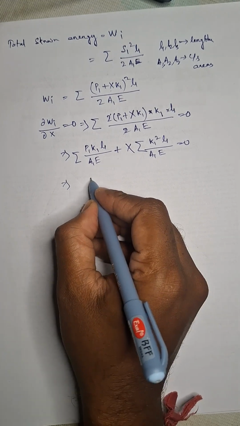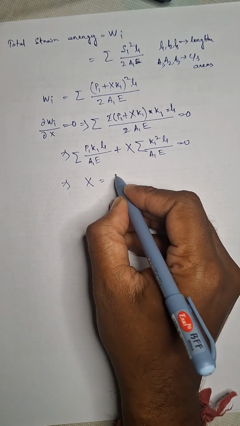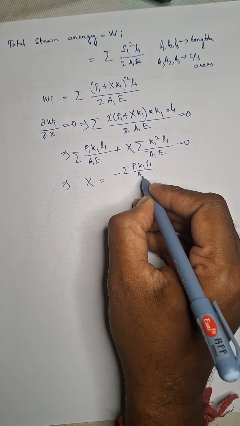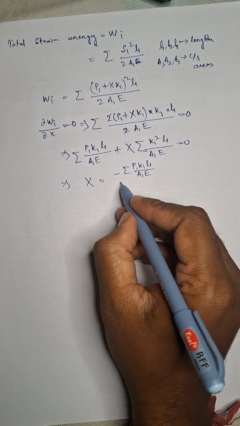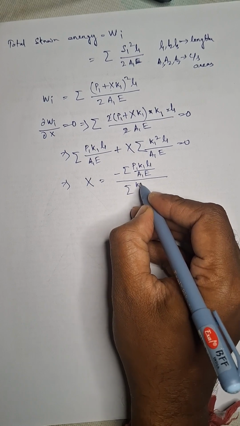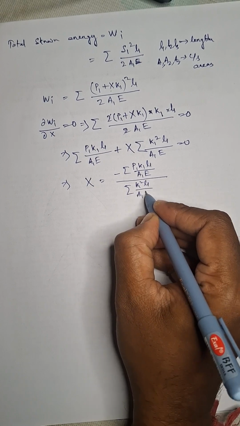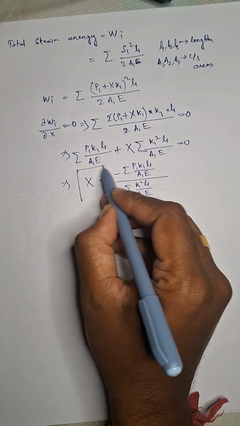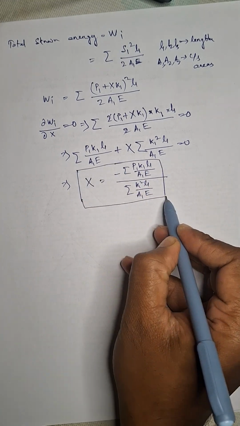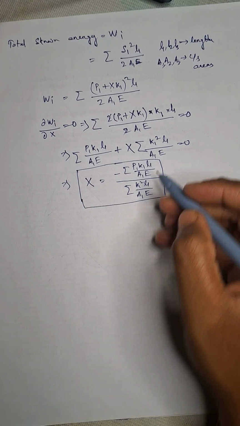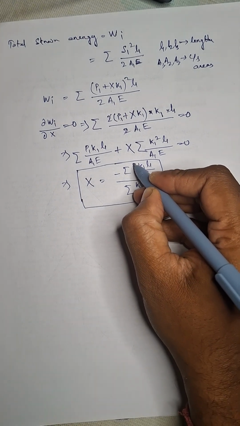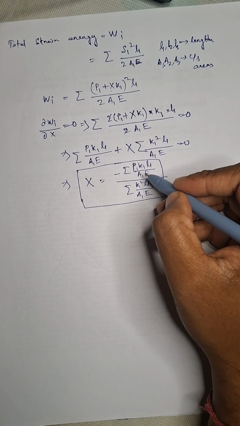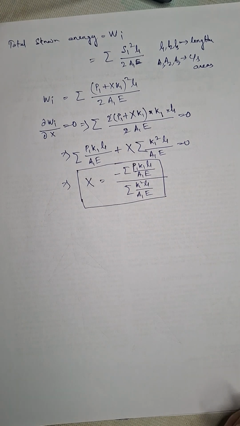So if I find out X from this, we'll get minus summation of P1 K1 L1 divided by A1 E, whole divided by summation of K1 square L1 divided by A1 E. By applying this, we can find out the value of the redundant member force. Here we only need P1, which is the member force after removing the redundant force, and K1, which is the member force when we apply a unit force instead of the redundant member.